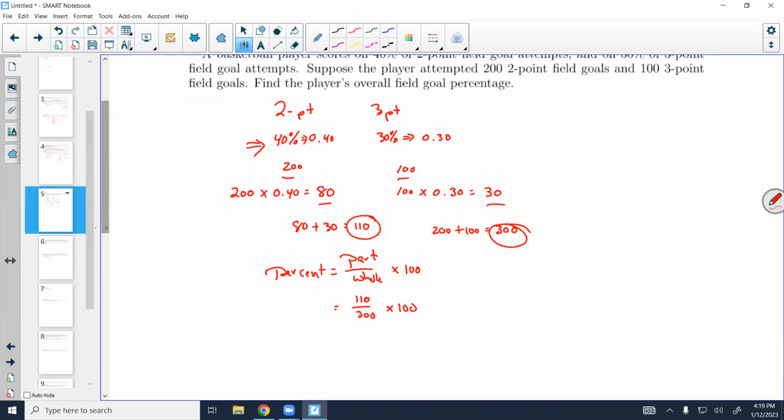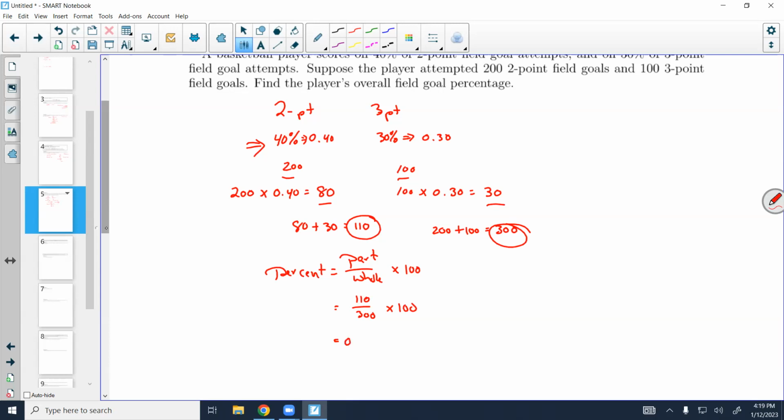So handy dandy calculators. 110 divided by 300 equals.